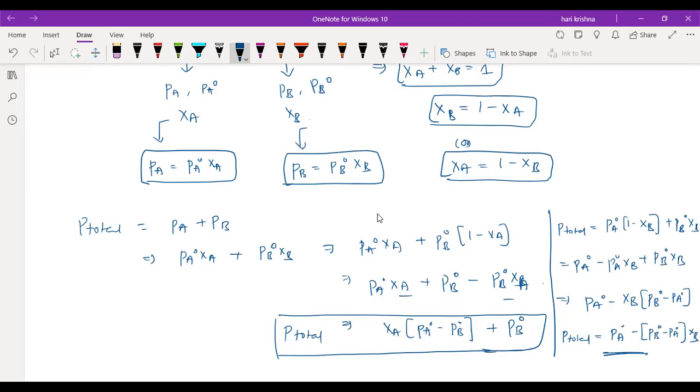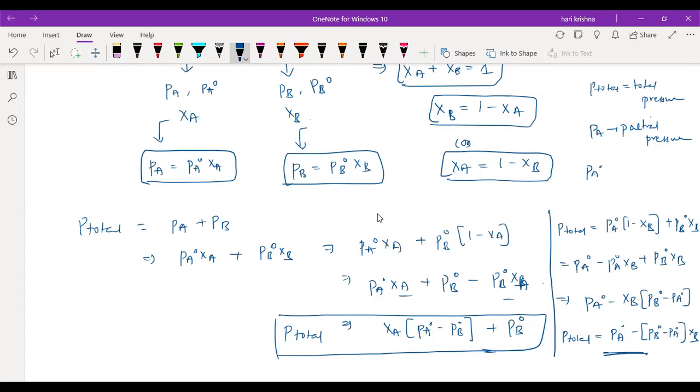Understanding? So, see, we have three terms. One is the total pressure, P total. One is PA, the partial pressure. I don't know how many of you are understanding my handwriting.